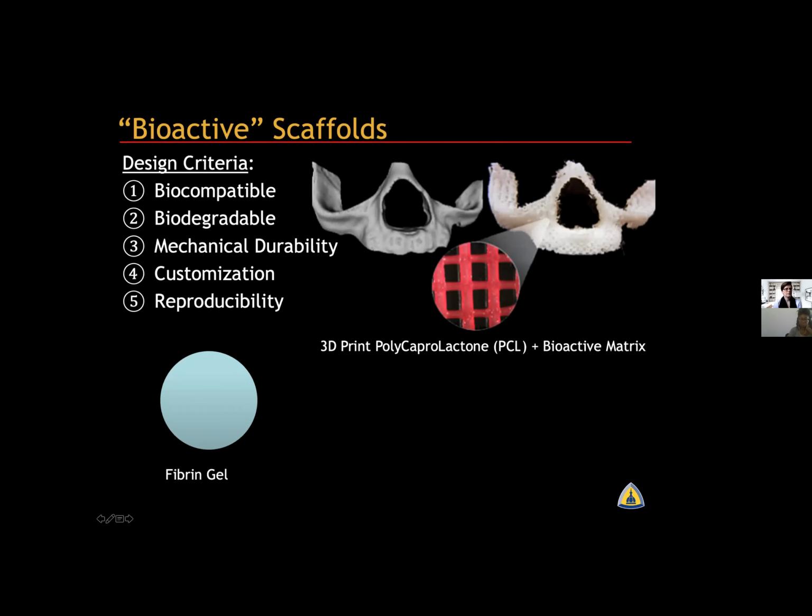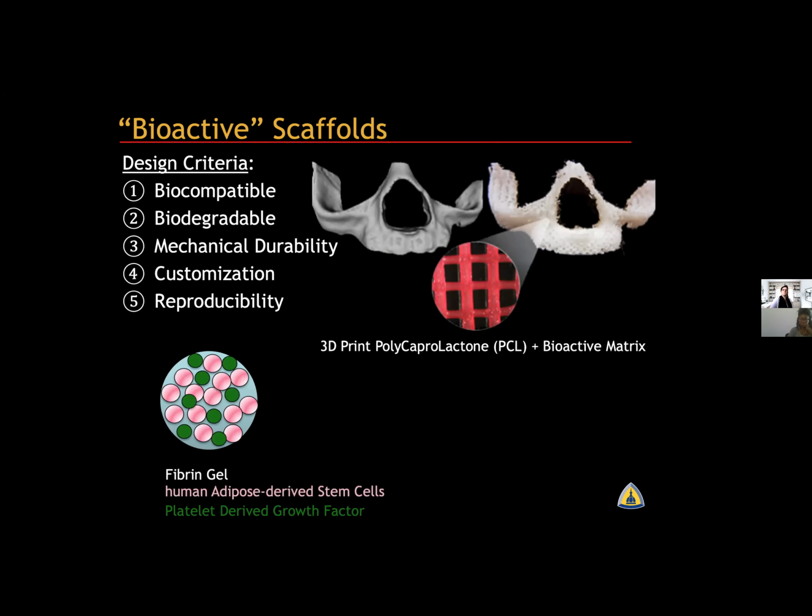And then he impregnates this scaffold with a gel that's been loaded with adipose-derived stem cells and supplemented with some kind of growth factor, and then loaded into the scaffold. Because the idea is not just to have an inert scaffold to encourage wound healing, but to have an active scaffold where you have stem cells that are capable of differentiating into new bone and new blood vessels.